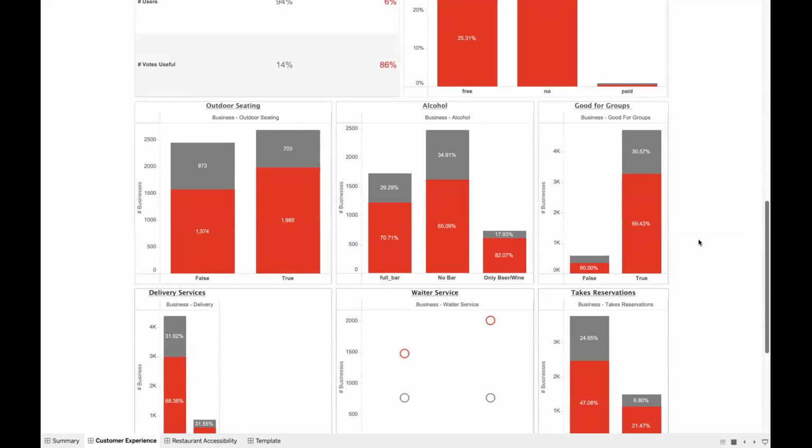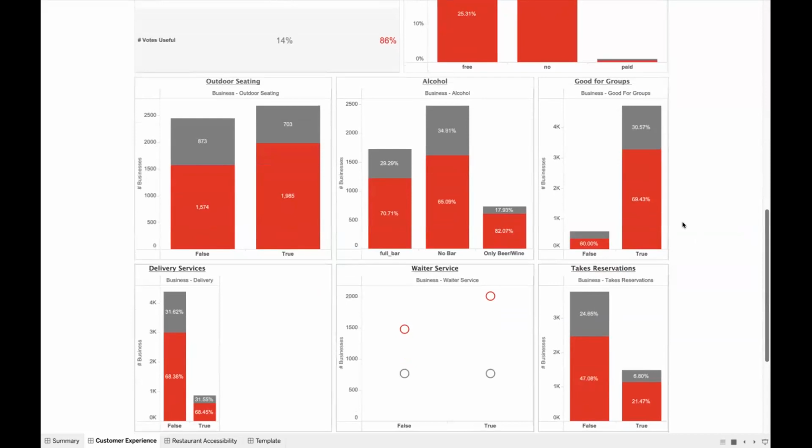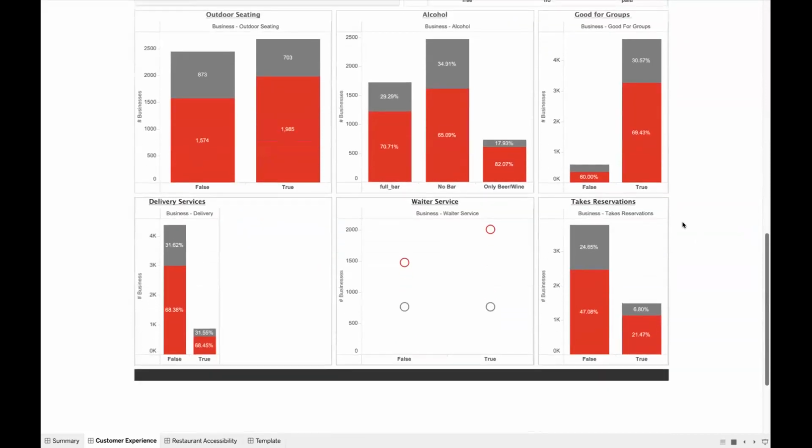So there's a difference of 10 to 15% depending on whether they serve alcohol. Similarly, for good for groups, restaurants which are good for groups perform almost 10% higher than businesses which are not good for groups.